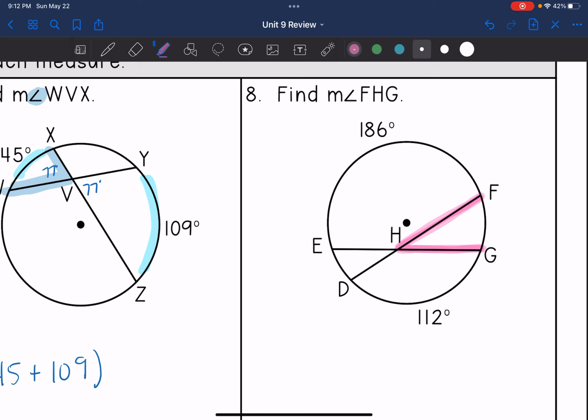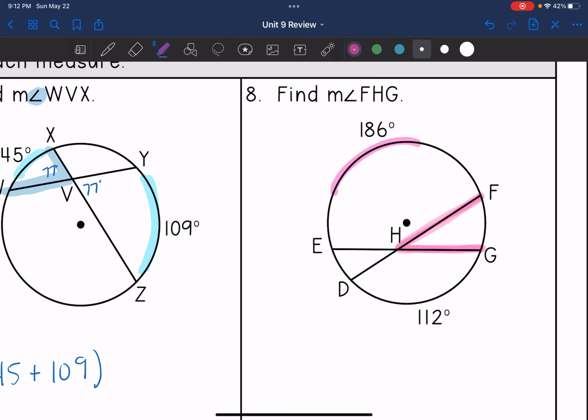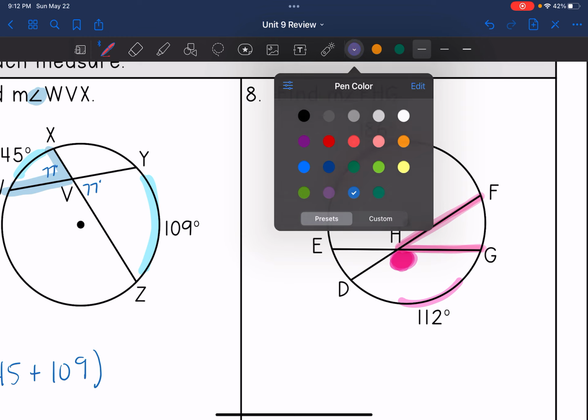So I would need to know what these arcs are over here. I don't have those. Instead, they give us this top part and the bottom part. So what we're actually going to find is this angle down here. So let's do that first and then I'll explain the rest of this.